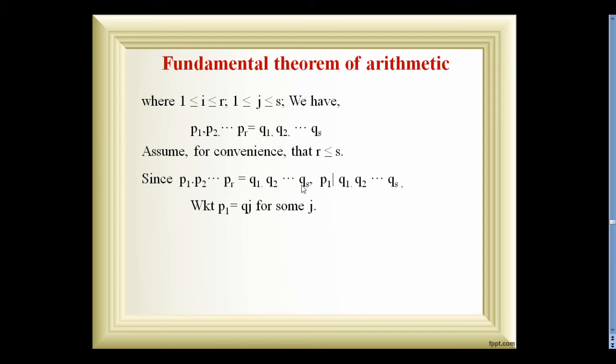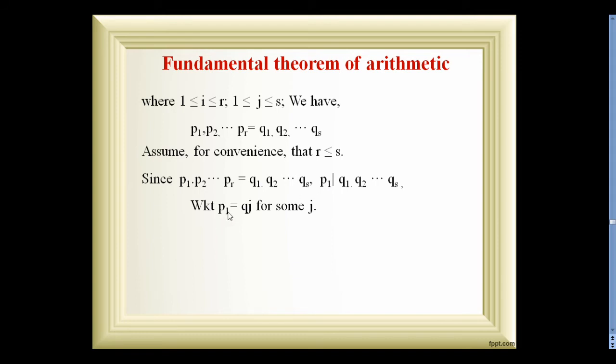Now, first we take the first prime, p1, which divides the product of the primes q1, q2 up to qs. So there will be a prime qj among q1, q2 up to qs which is equivalent to p1.